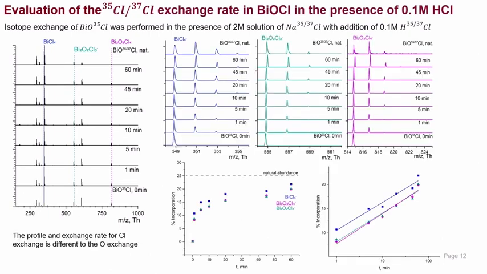Here, the end point for incorporation can, in principle, be a maximum of 25%, because our isotopically enriched solution was natural chlorine containing compounds with natural abundance of the isotopes.